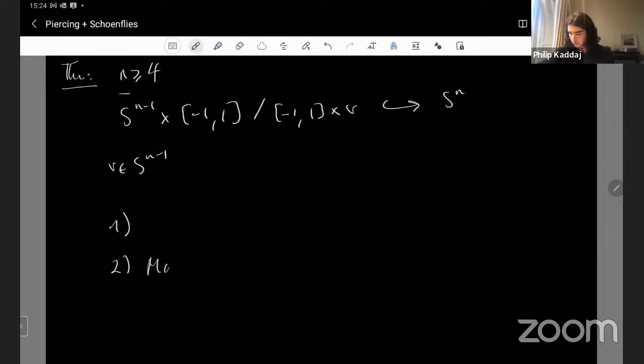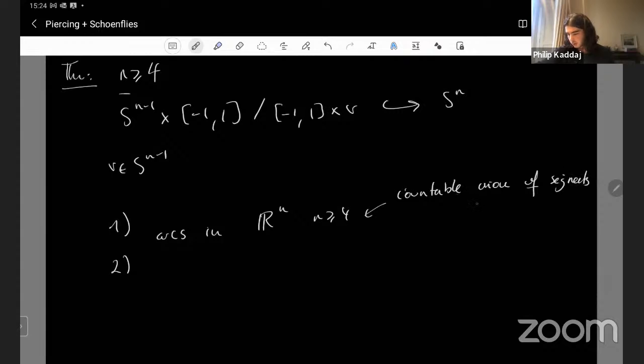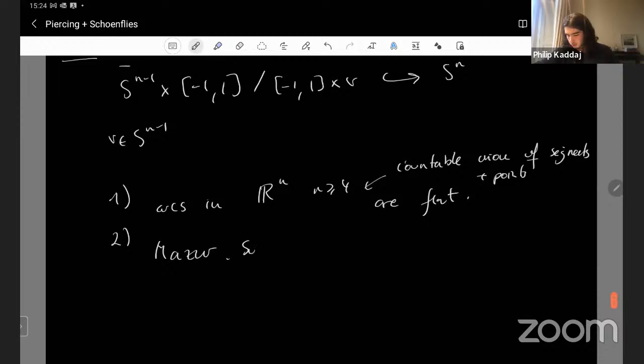One, there are arcs in Rn for n greater or equal to 4 that are a countable union of lines or segments and points are tame, are flat, sorry. And two was the Mazur swindle, sometimes referred to as the Eilenberg swindle.